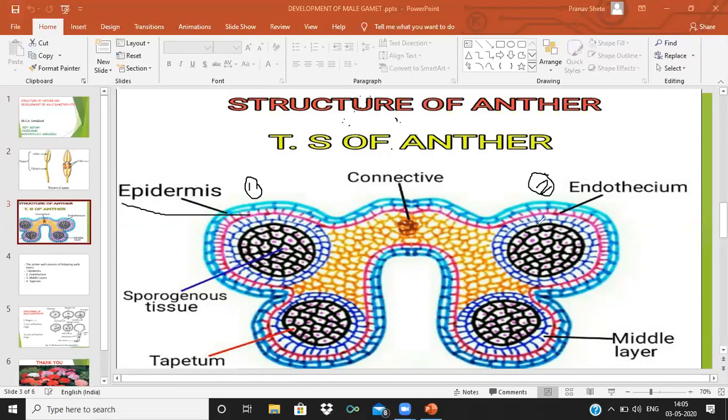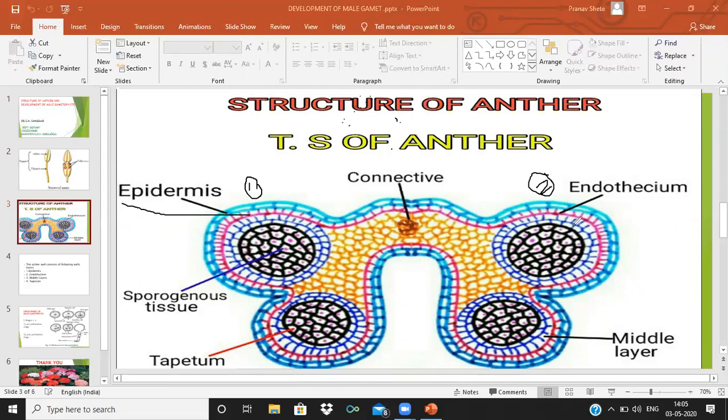Endothecium lies below the epidermis, denoted by the red color in this diagram. The cells of the endothecium are radially elongated and show fibrous bands. These fibrous bands are made up of callose and arise from the inner tangential walls.